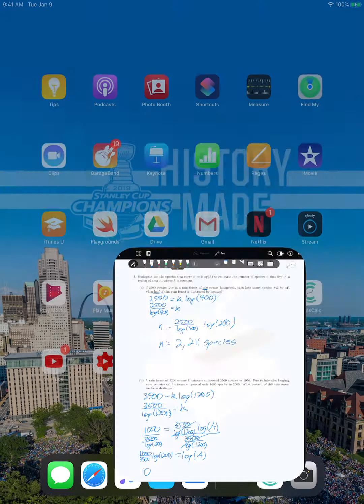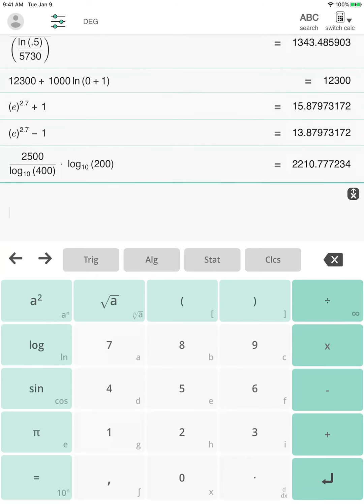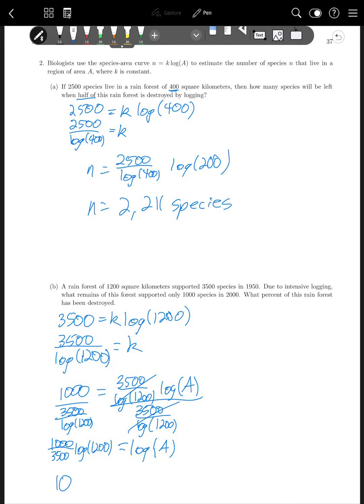And we can simplify this a little. 1,000 divided by, well, let's go ahead and just use the calculator to make it easier. So 1,000 divided by 3,500 is, I believe, 2/7. Yeah, so 2/7. So this will be 10 to the 2/7 times log of 1,200. Will give us the new area of this rainforest.